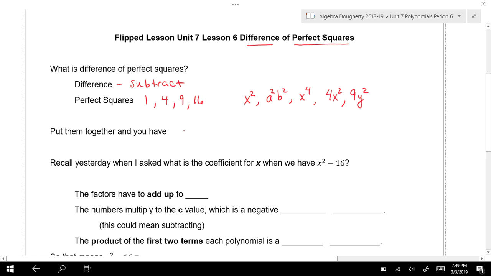So we could have something like x squared minus 16. We could have 4x squared minus 81. We could even have something as complicated as, say, 100x squared minus y squared.